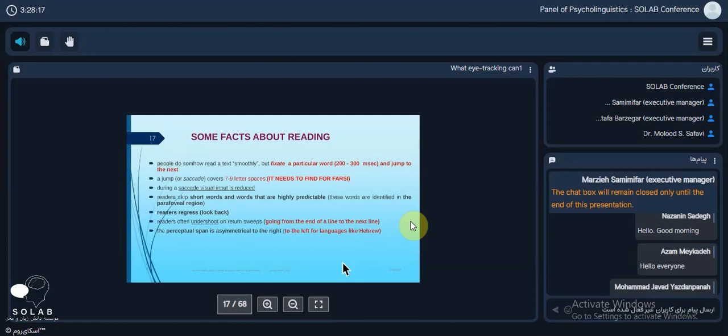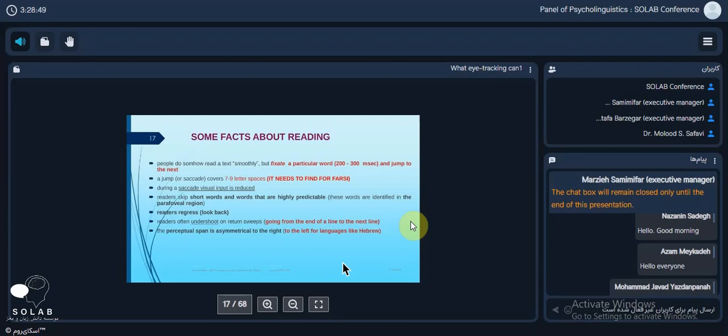People do not read a text smoothly, but fixate on a particular word 200 to 300 milliseconds and jump to the next. A jump, or saccade, can go in a different direction of eye movement. It covers 7 to 9 letter spaces. It's not clear whether this is okay for Farsi or not. We don't know.